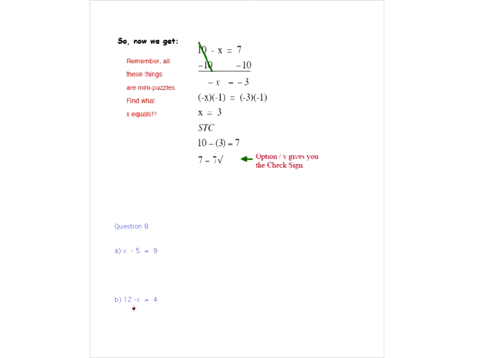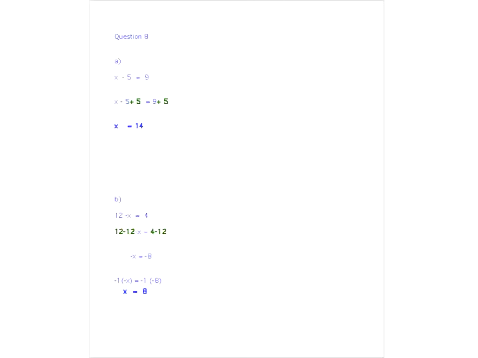How about this one here? 12 minus x equals 4. Okay, 12 minus 8 equals 4. Good stuff.